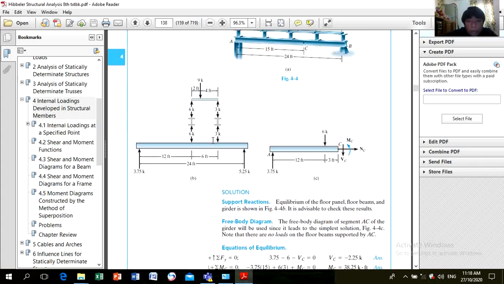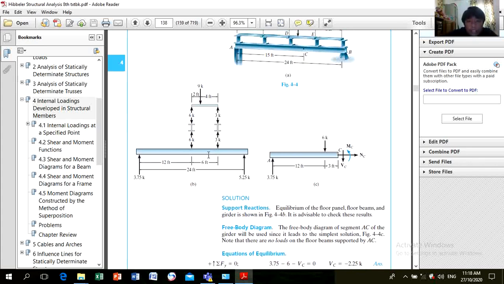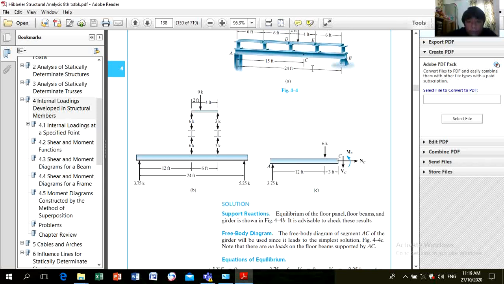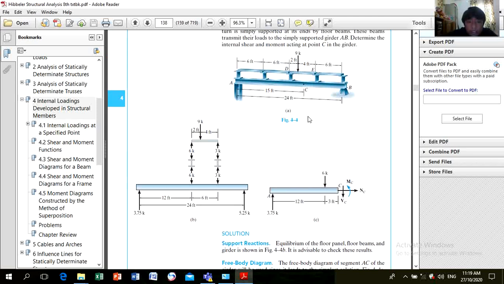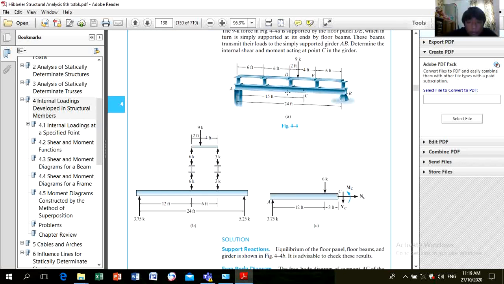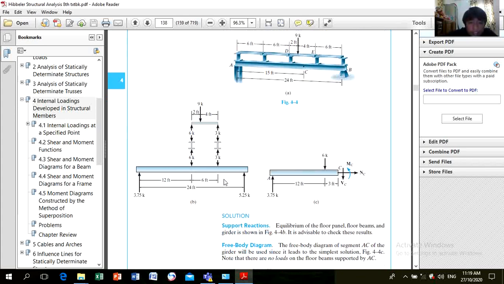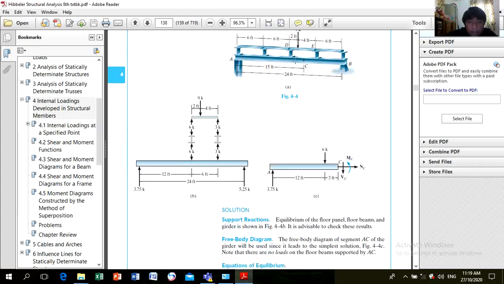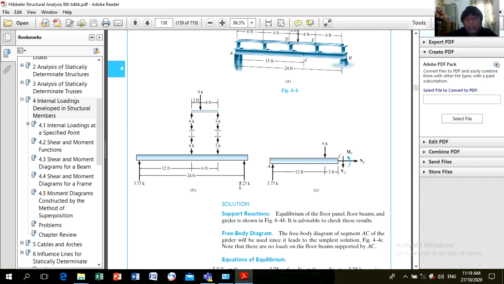Now the effect of this 9-kip force will be at points D and E. It will become 6 and 3, located at 6 feet and 12 feet, with 24 feet the total length.